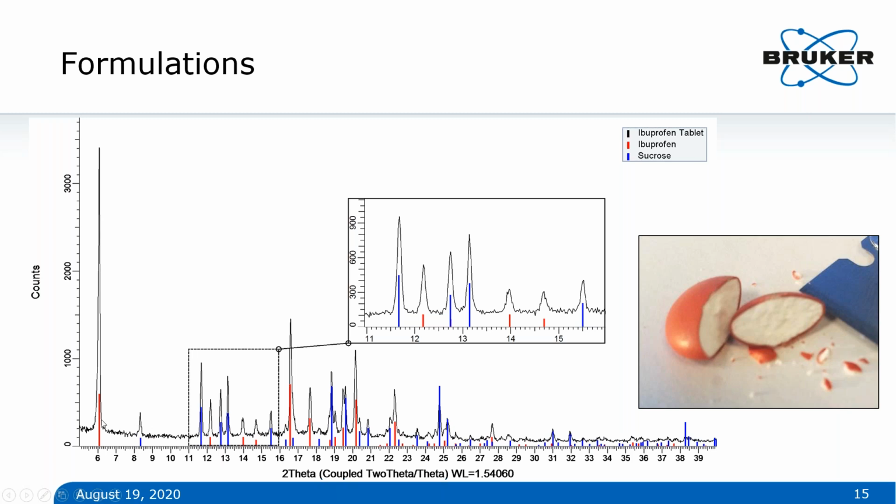Okay. And we don't see much else, so no other peaks that are jumping out at us. This explains the diffraction pattern pretty well. So if we look at the black pattern here, the whole black trace, that is going to be a combination of both ibuprofen and sucrose.